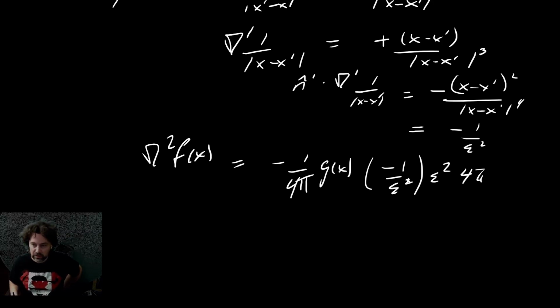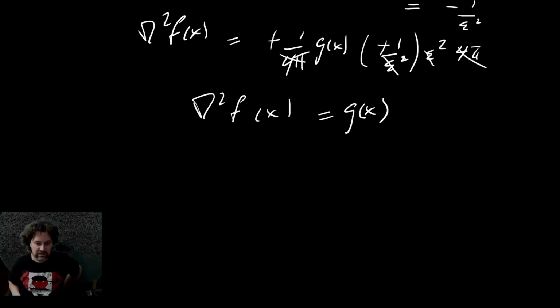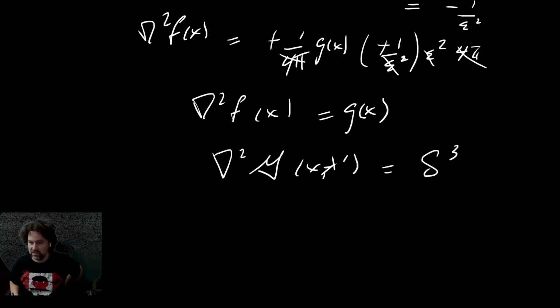And what do you know? Our 4 pi's cancel, our epsilons cancel, and our minuses cancel, and we are left with del squared f of x equals g of x, which is another way of writing that grad squared g of x prime is the delta function of x minus x prime.